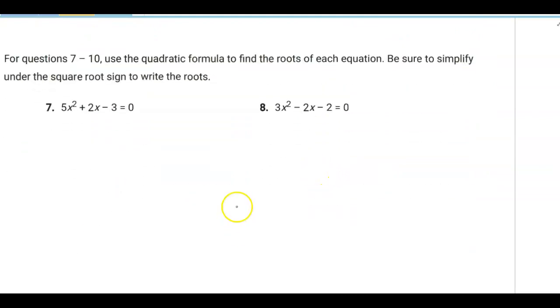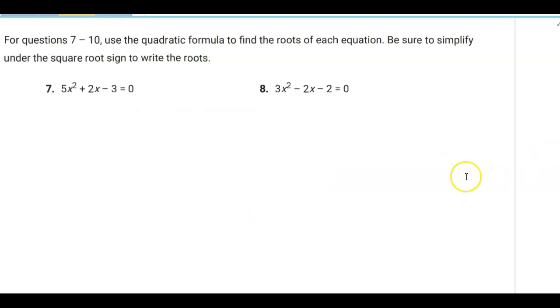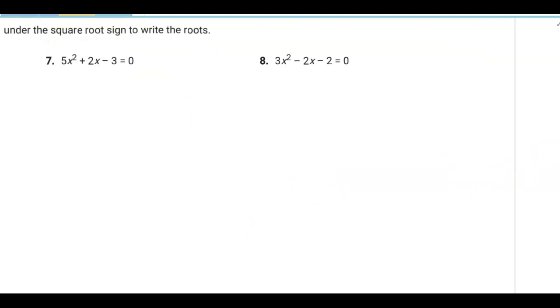Okay, let's go ahead and look at number 8. So, right away I go to evaluate the discriminant. So, A is 3, B is negative 2, C is negative 2. So, my discriminant would be negative 2 squared minus 4 times 3 times negative 2.